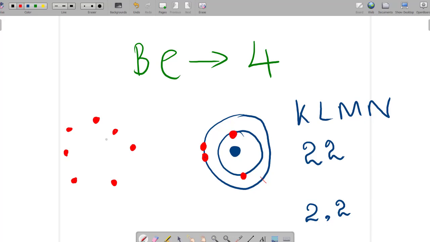So the examiner, the person who is marking the paper, can't see it clearly. So there's a problem, right? You have to make sure that when you are drawing, you draw those electrons pairwise, from the L shell onwards, okay? So this is beryllium, right?